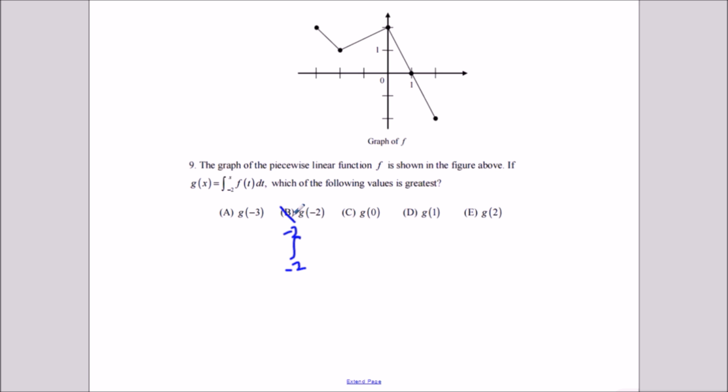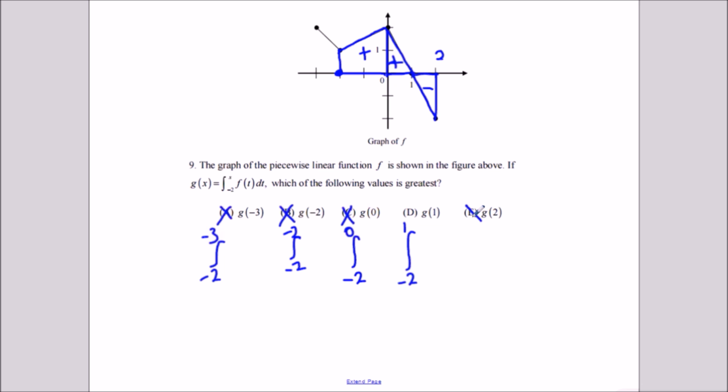So since choice D includes another shape that also has positive area, it's going to be greater than the area described in choice C. So this one's out. And if we look at choice E, g of 2, that's going to extend this shape all the way to this section here. And yes, technically it is adding more area, but since the area is under the x-axis, we have to treat it as negative. So that would eliminate choice E, and the correct answer would be choice D here.